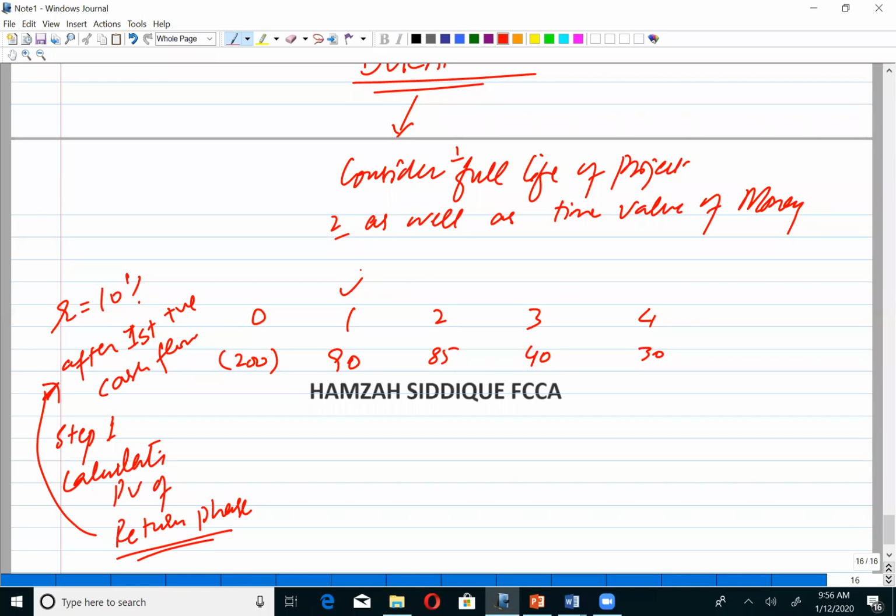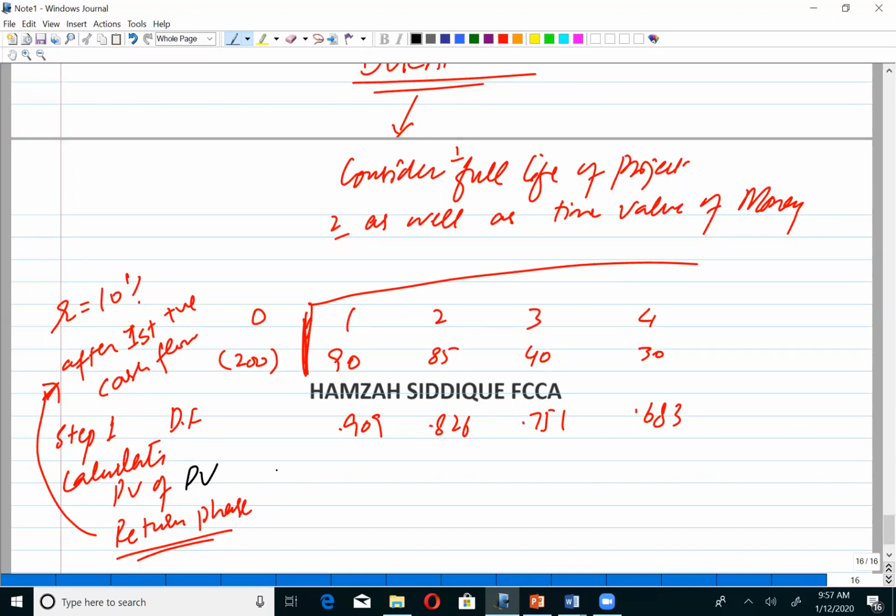For example, if the first positive cash flow is coming in year 2, then it would start over there. That is called return phase. So the discount factors we will apply on the return phase are 0.909, 0.826, 0.751, 0.683. So we will calculate the present value. Yes, this is step number 1.